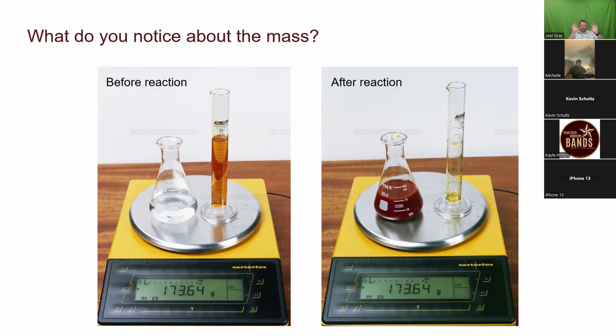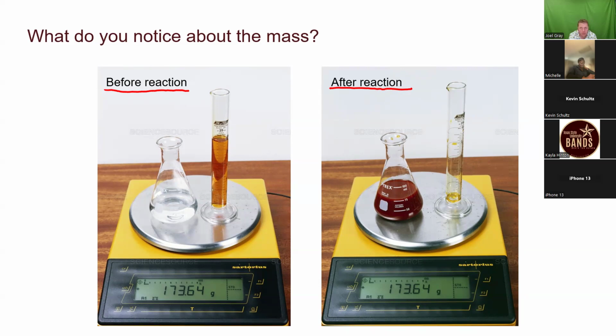So, looking at these two pictures, we've got a before and an after picture. Anyone, if they'd like to, add something that they notice about the two pictures.